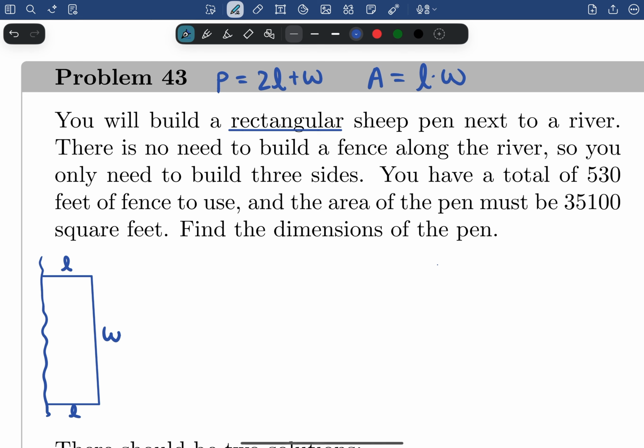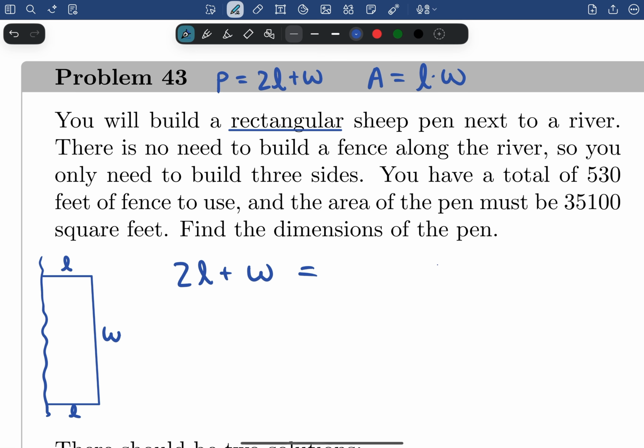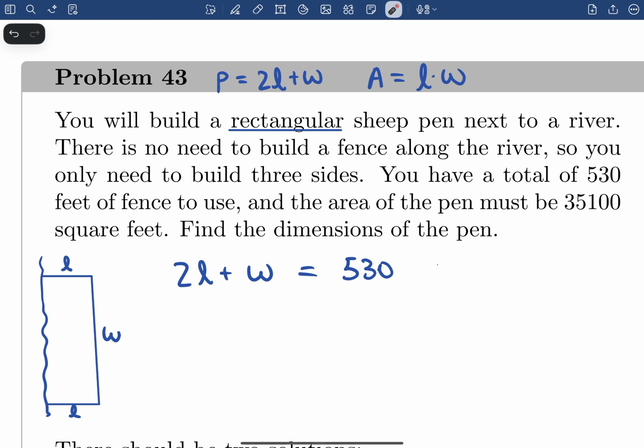Okay, so what could I do here? I could use those formulas, like perimeter equals two times the length plus the width, right? So I'll set that up. And what is the perimeter's value? They told it to me. It's 530. So I have 530 feet of fence to use. Then if I multiply the length times the width, that'll give me the area, and they told me that area has to be 35,100 square feet.